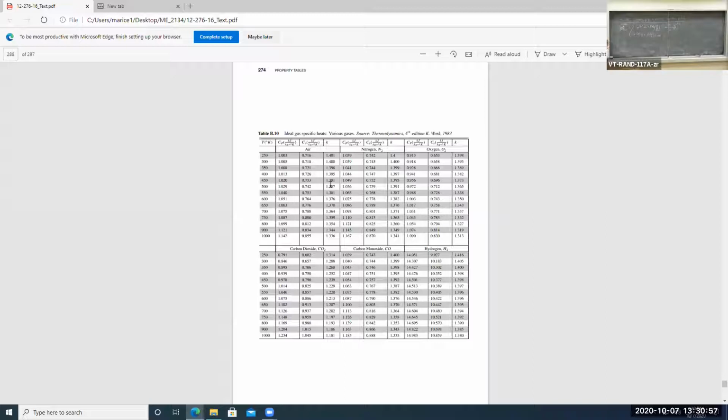We get the ratio of temperatures, T2 over T1, is equal to the ratio of the final to the initial specific volume, and then in the exponent we have 1 minus k. By the way, this first equation right here, sometimes the exponent is written a little bit differently.